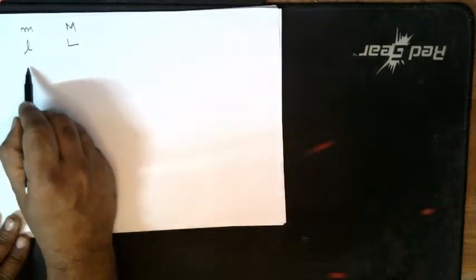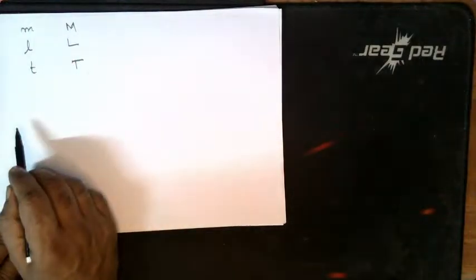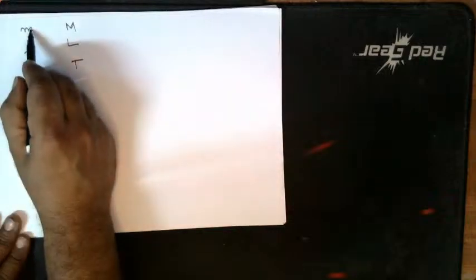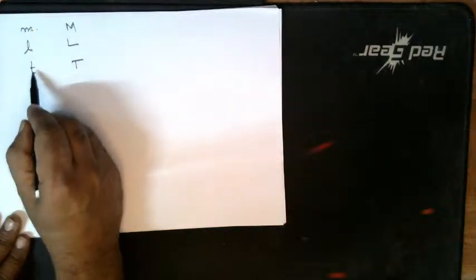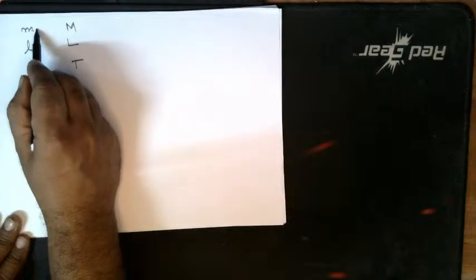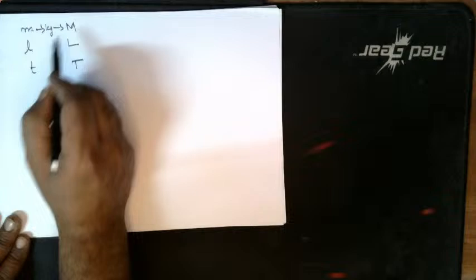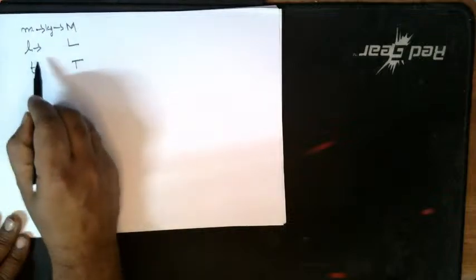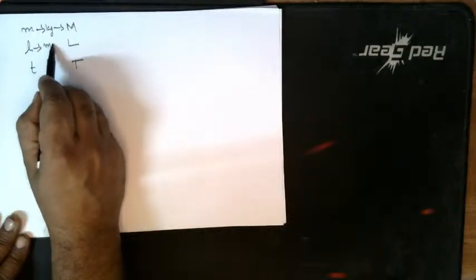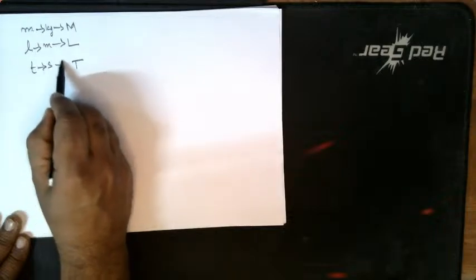If it is time, you put T. So this is mass, this is length, this is time. Usually mass is represented in kg, so the dimension formula is M. In the case of meter, the dimension formula is L. In the case of second, the dimension formula is T.